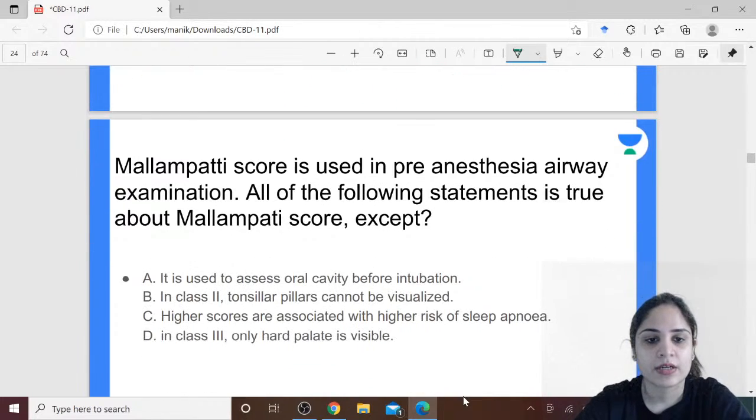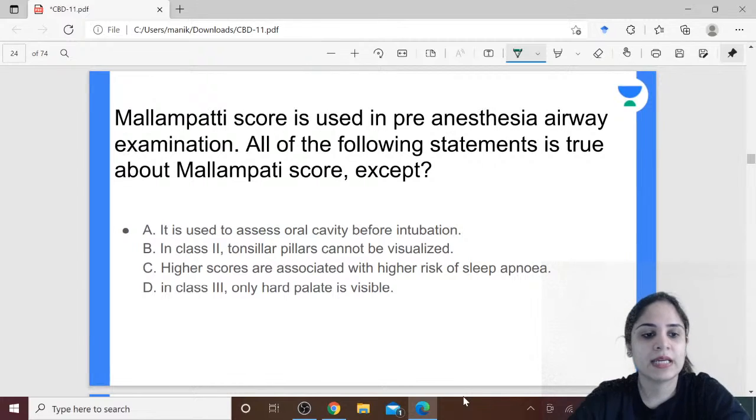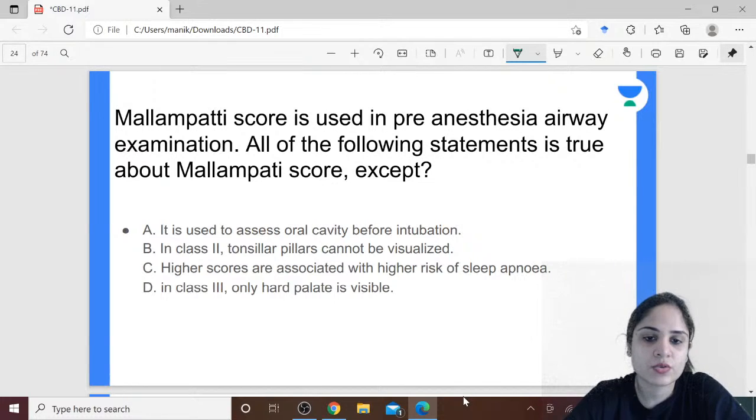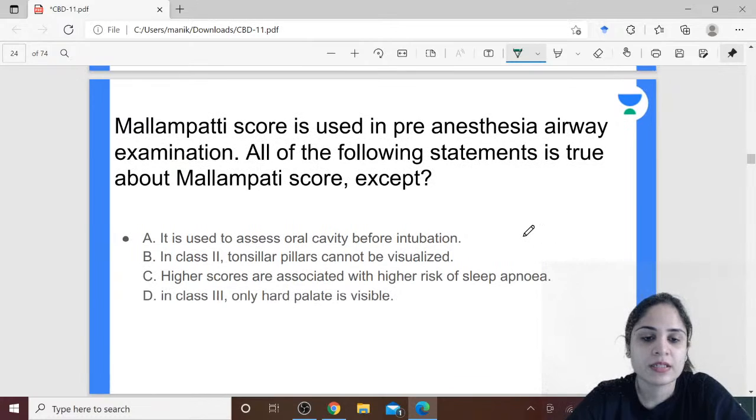Okay, alright. Mallampati score is used in pre-anesthesia airway examination. All of the following statements are true about Mallampati score, except: it is used to assess the oral cavity before intubation; in class 2, tonsillar pillars cannot be visualized; higher scores are associated with higher risk of sleep apnea; in class 3, only hard palate is visible.